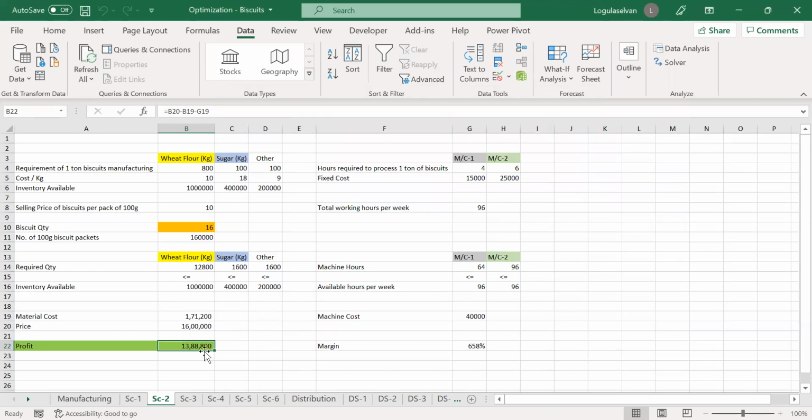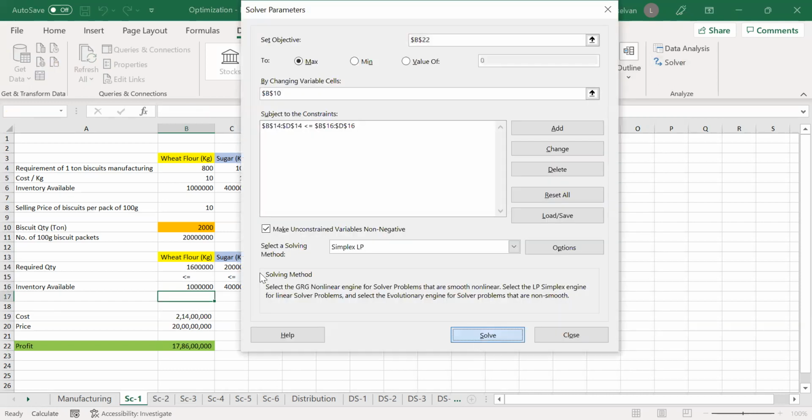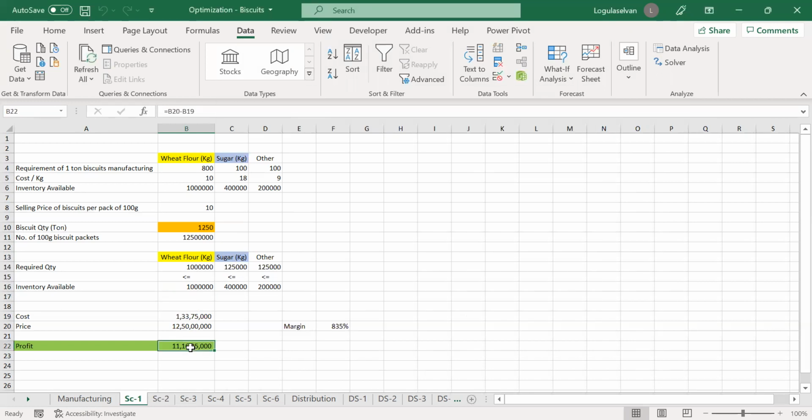See, you can see there is a drastic difference in the profit. Earlier, just going back to the earlier answer, it was around 11 crore that the company was able to make with the inventory.